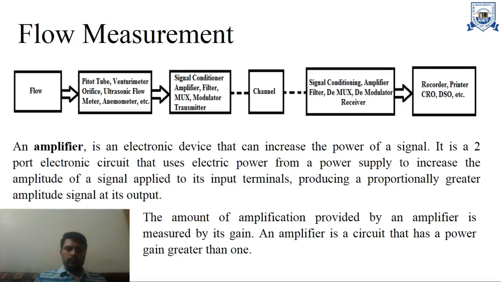So for gas flow we use an anemometer, and for liquid flow we use a pitot tube, orifice, ultrasonic flow meter, rotameter, venturimeter, etc. The selection of these sensors is based on the properties of flow, range of flow, meaning in terms of velocity, viscosity, etc.